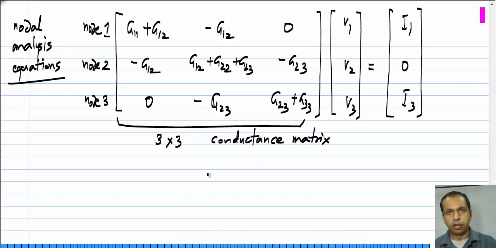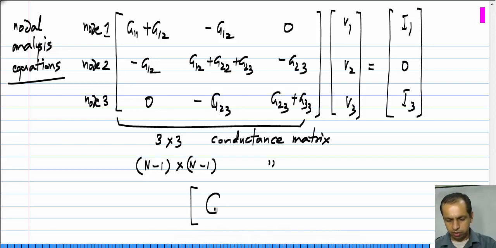Now, in general in an n node circuit, it will be an n minus 1 times n minus 1 conductance matrix. I will denote that like this. I will put the square brackets to just show that it is a matrix. Okay. And what is this?